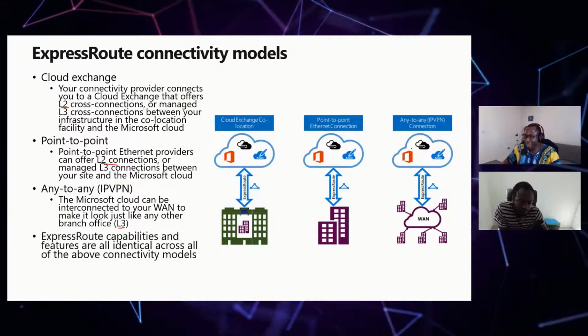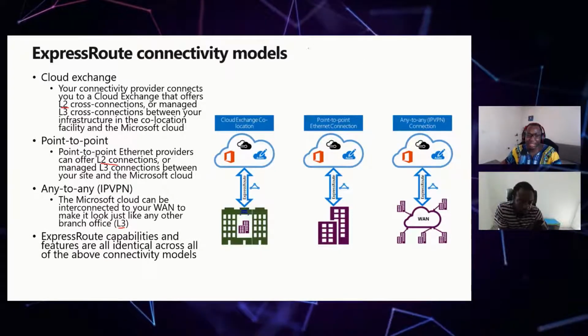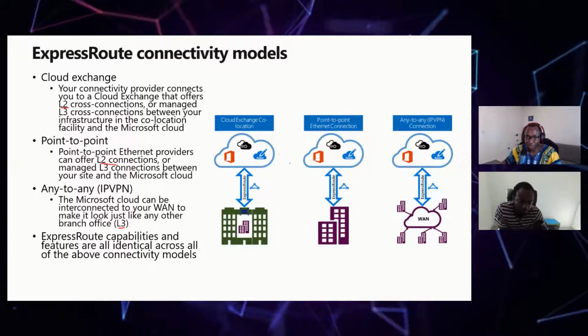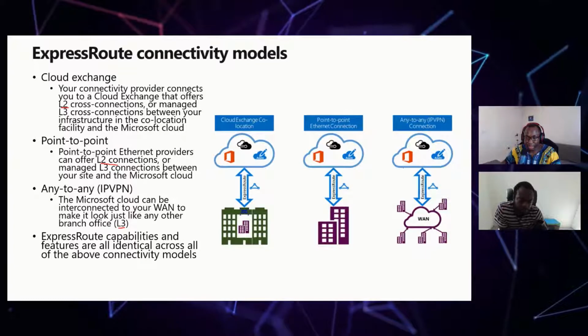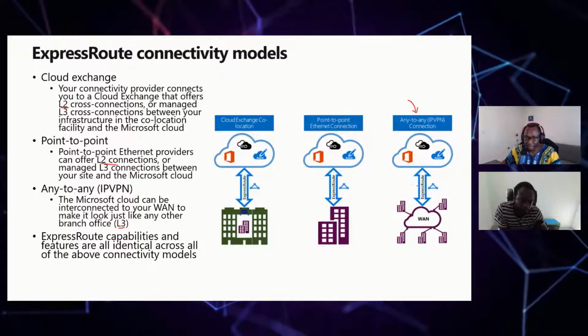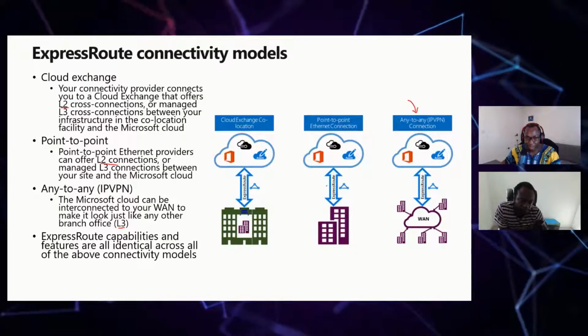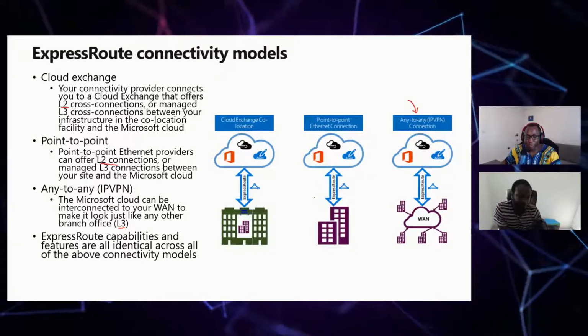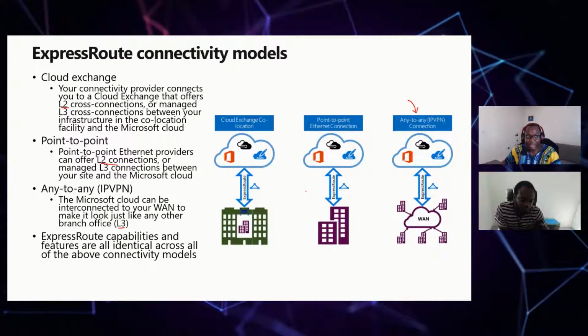So what are the main differences between them? Let's say you have multiple networks that you want to connect together. The any-to-any model will probably fit you better, because with point-to-point, connecting to multiple networks would take multiple connections.